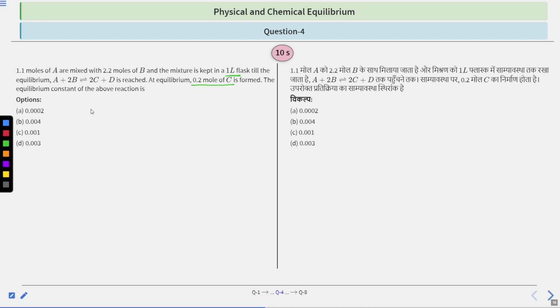The equilibrium constant of our reaction is. So we have to find the equilibrium constant for this equilibrium reaction. Options are 0.0002, 0.004, 0.001, 0.003. You have 10 seconds to solve this question. After that, we will see the answer.